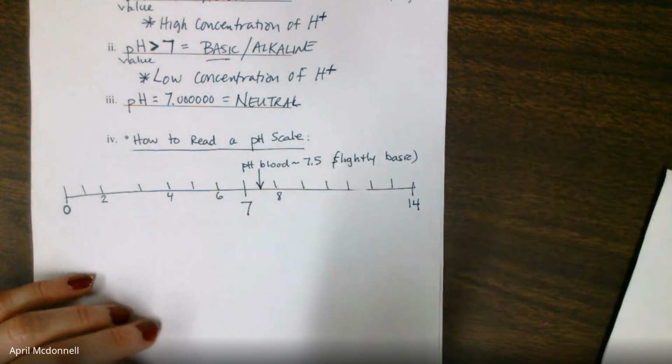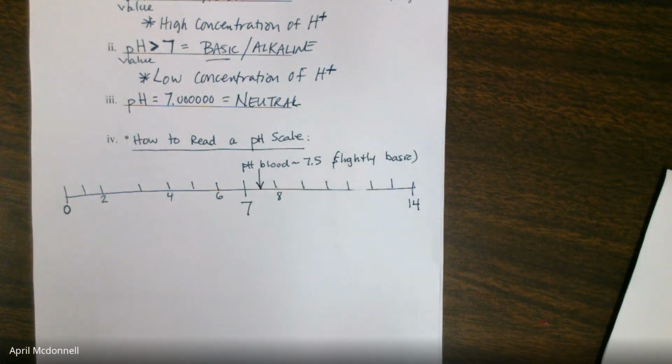We want to make sure blood stays close to that value of pH 7.5, which is actually pH 7.35 to 7.45. It has a very narrow range where blood is healthy and functioning correctly.